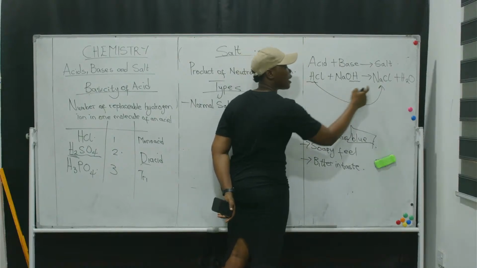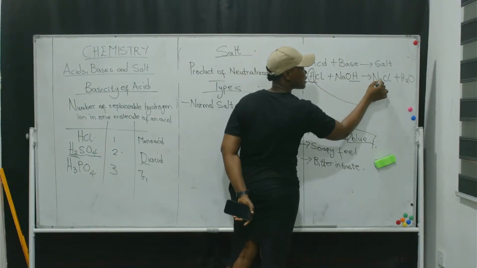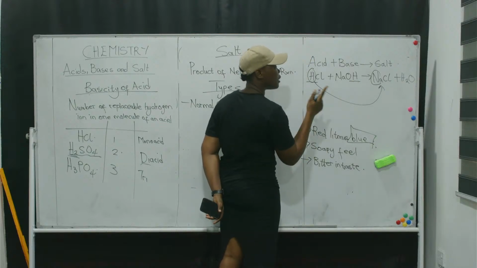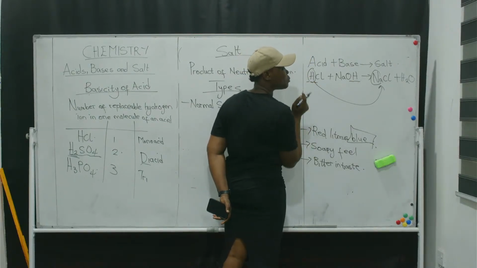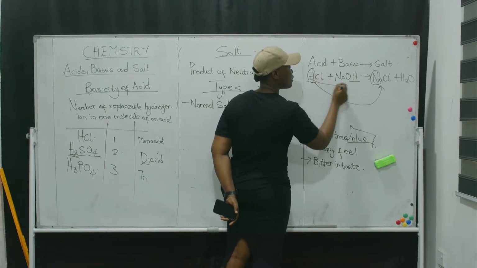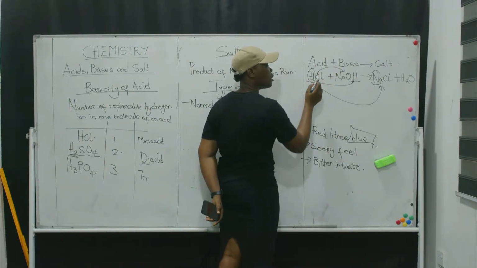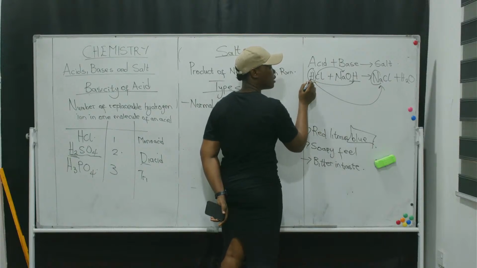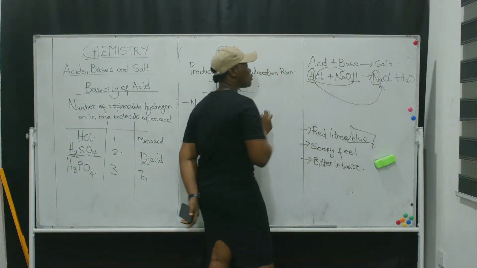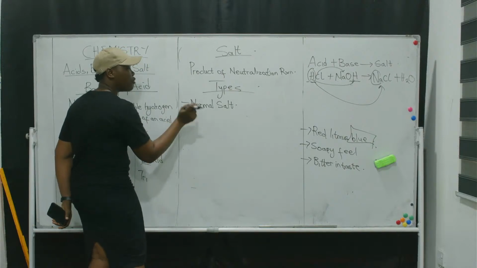This is HCl and this is NaCl. That means this has been replaced by this, and this comes here: the chlorine and the sodium, the hydrogen and the OH. So all of the replaceable hydrogen ions have been replaced.